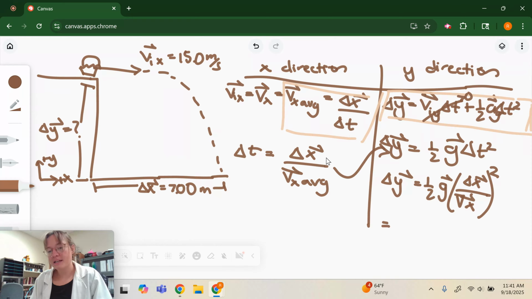This is where I can plug in numbers. I plug in 1/2 times, and this time my g is negative because I said that up was positive.